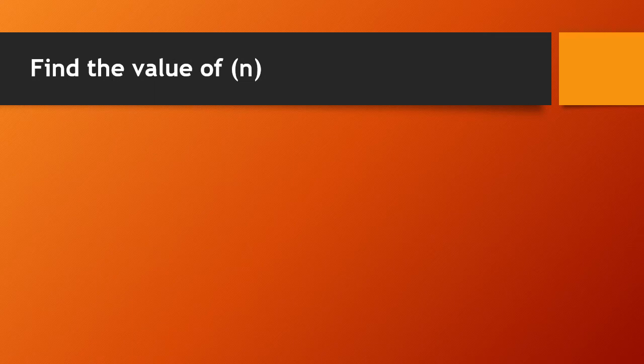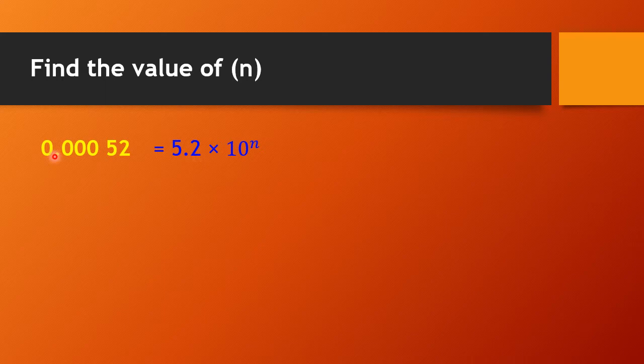Find the value of n. We want to convert this number to the standard form. It will be like this, but we need to know what the value of n is. Notice the point between 5 and 2.